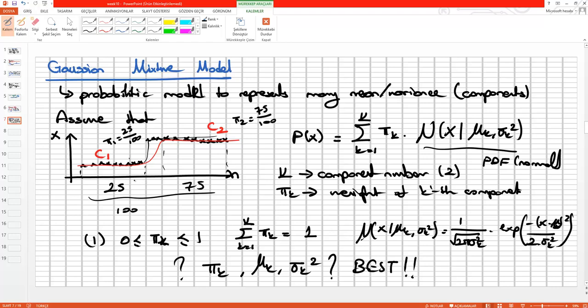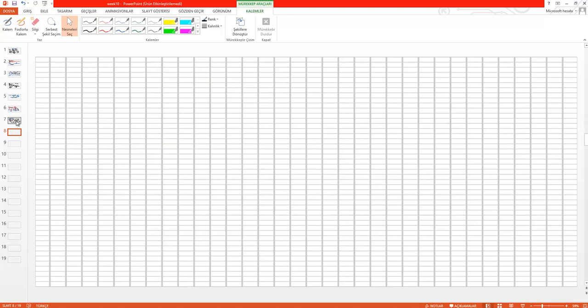Because in the first place we don't have any knowledge about the 25 or 75, but if we have this data, maybe we can find these probability values by using some maximization method, which we call the expectation maximization algorithm. What's the meaning of expectation maximization algorithm?